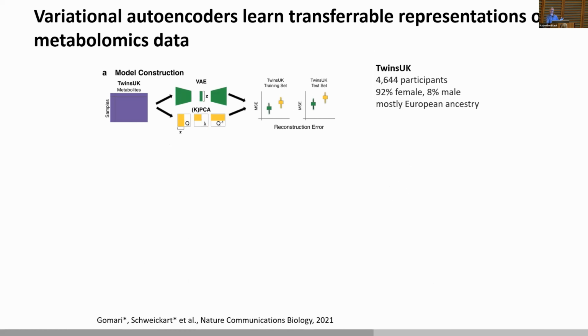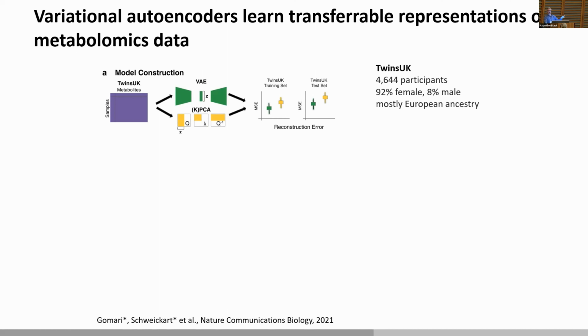It can be compared to a PCA, principal component analysis, where you reduce your high-dimensional feature space, the metabolites in this case, into something lower dimensional that, intuitively speaking, gets rid of all the noisy stuff and keeps the good stuff. Then these components, similar to PCA, are supposed to be more meaningful than the raw data and show better associations.